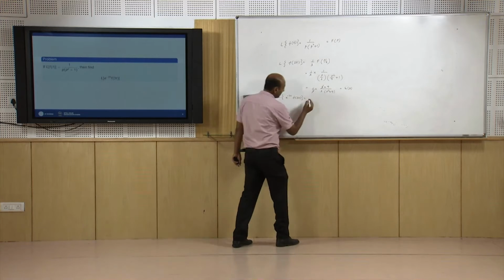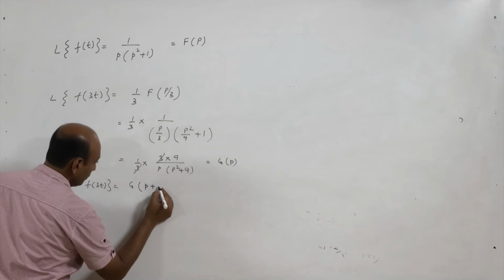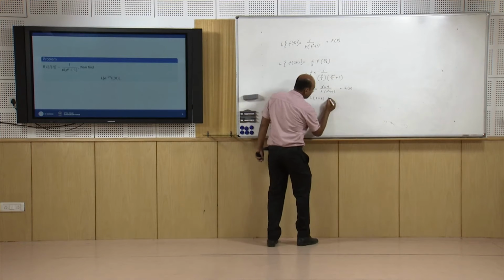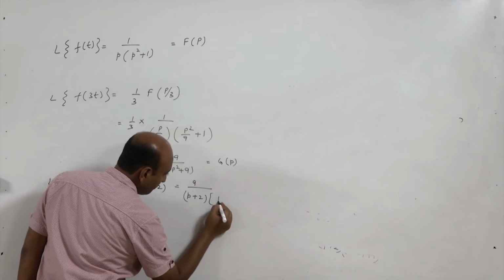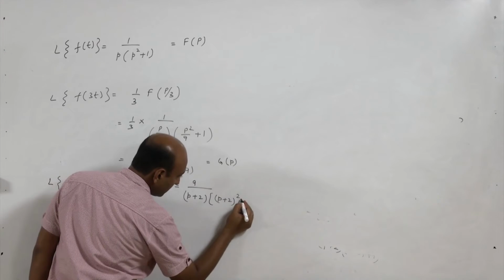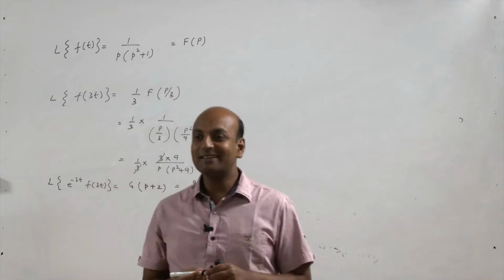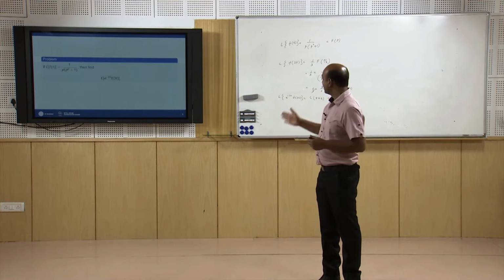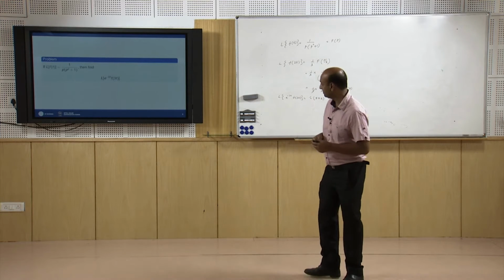So, by the shifting property it is p plus 2, because here a is minus 2. So, it is nothing but 9 upon (p plus 2) into ((p plus 2) whole square plus 9). That is how, using the change of scale property and the shifting property, we can find the Laplace transform of this particular problem very easily.